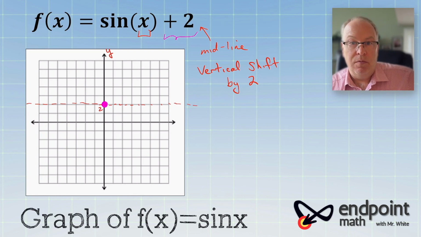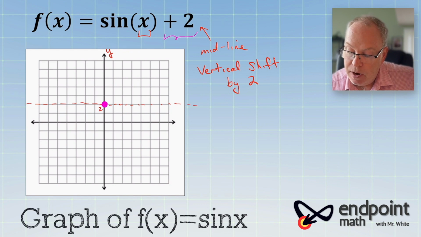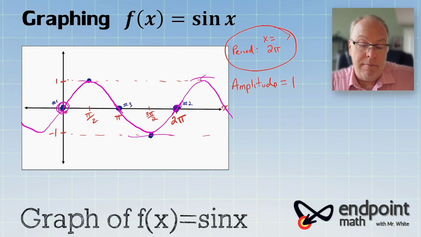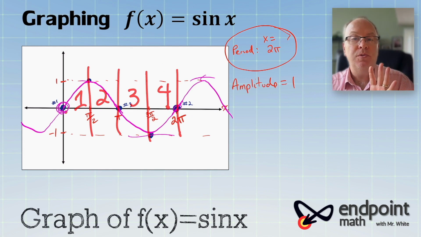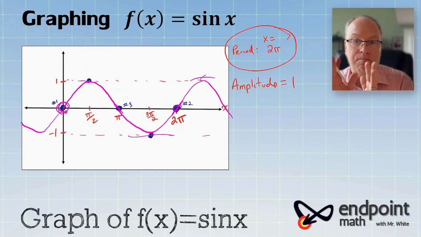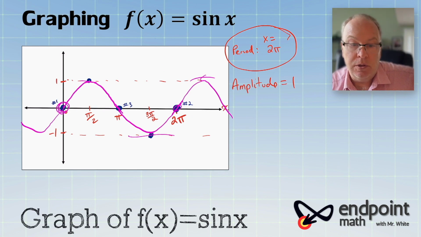Now, how many regions of the graph are there? There are 5 magic moments here, 5 magic dots, but there's 4 quarters. 1, 2, 3, 4. Those are the regions of the graph. If you think about the quadrants of the unit circle, the 4 quadrants, and then it starts over again.